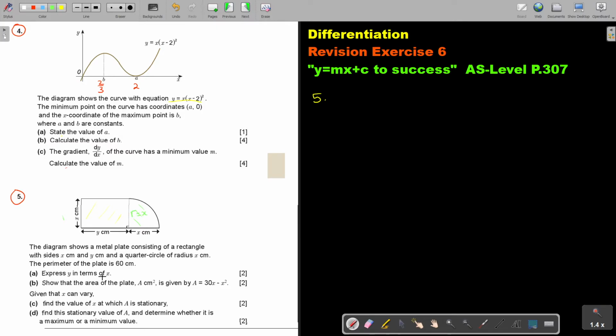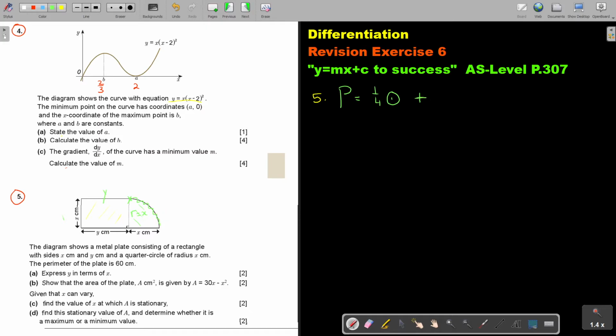Now, if you're going to start with that one, you're first going to start with the formula for the perimeter. Let's just check it the way around. So if this is y, let's rather start this way. I'm going to take a quarter circle, then that is only that part.